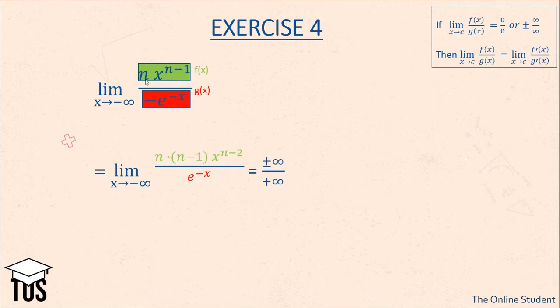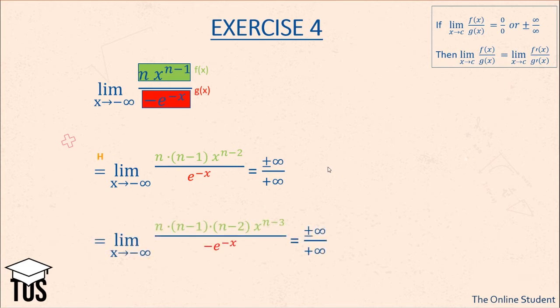The derivative of the numerator is n times n minus 1 times x to the power of n minus 2. The derivative of the denominator is e to the power of minus x. If we fill in minus infinity for x, we still get a fraction of infinity to infinity. So we could use L'Hospital's rule again.